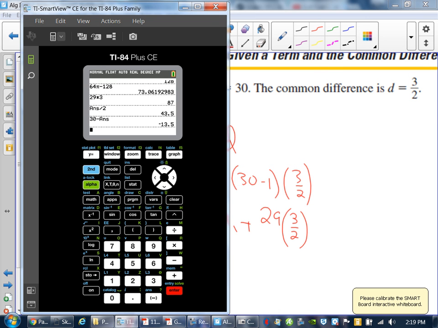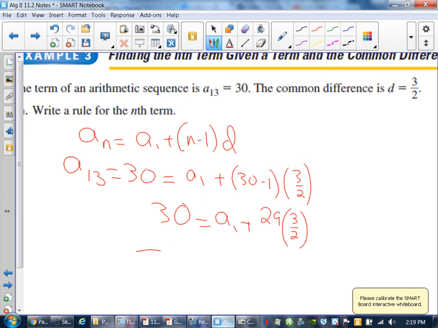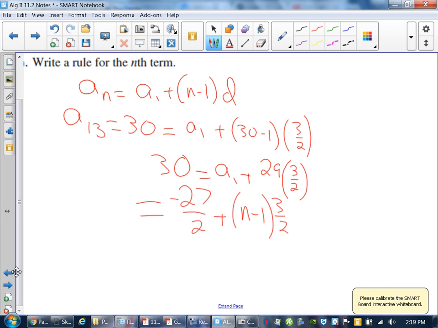My first term is negative 13.5. Or they might write negative 27 over 2. So, negative 27 over 2 plus n minus 1 times your difference of 3 halves. And just fill in the blanks.